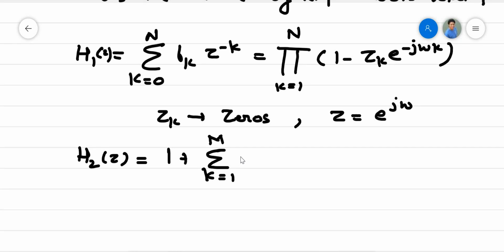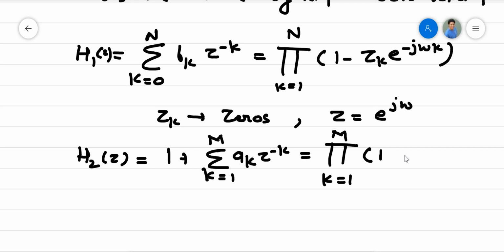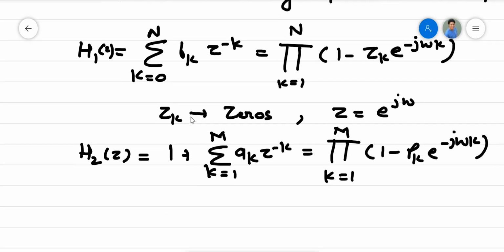So it is a_k z^(-k), and that can be written as the product k equals 1 to m of (1 minus p_k e^(-jω)). Right, so we can write this particular equation in this particular format.